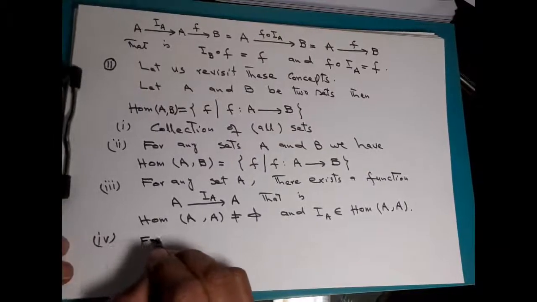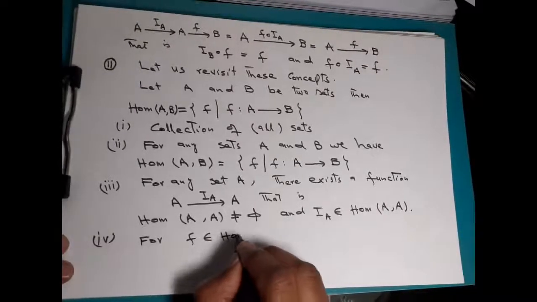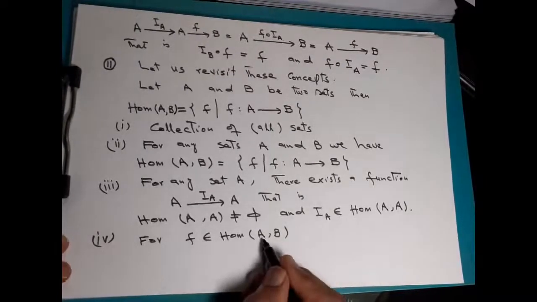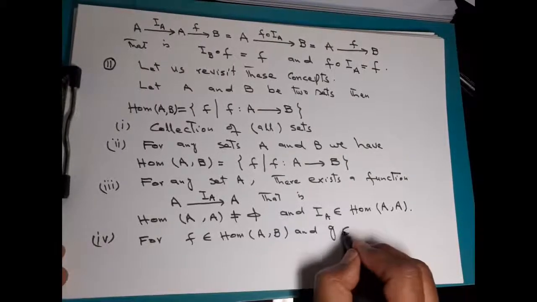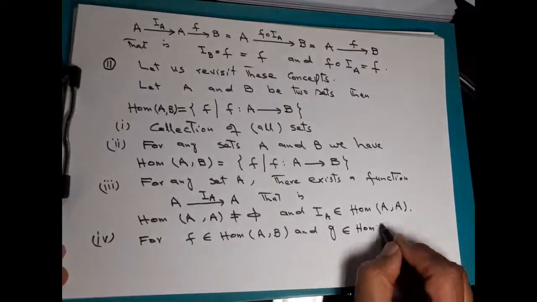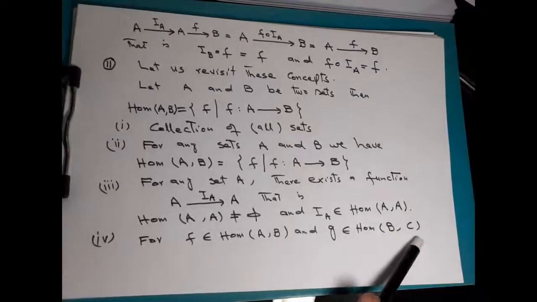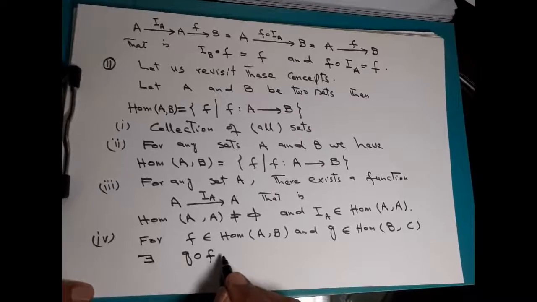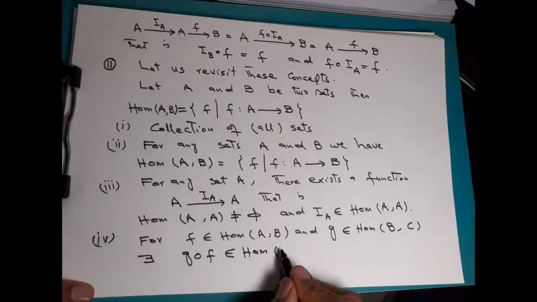For F belonging to home AB, we simply mean that F is a function with domain A and codomain B, and G belonging to home BC, we simply mean that G is a function with domain B and codomain C. There exists a function, we write it as G circle F, and this function belongs to home AC.